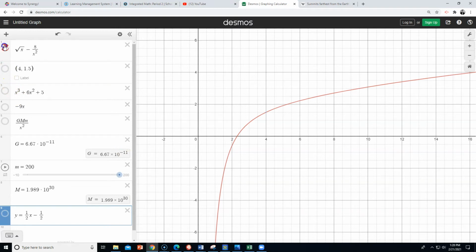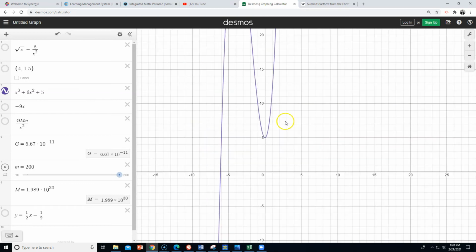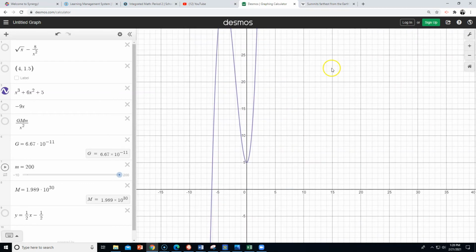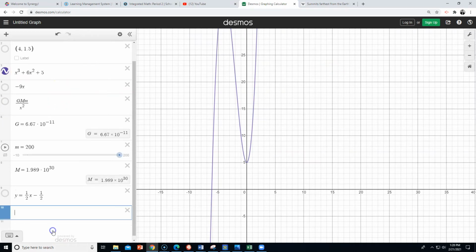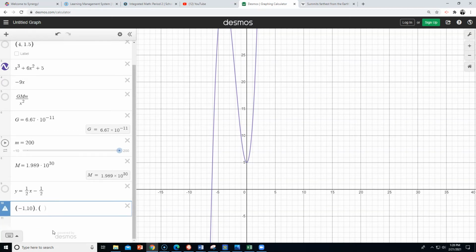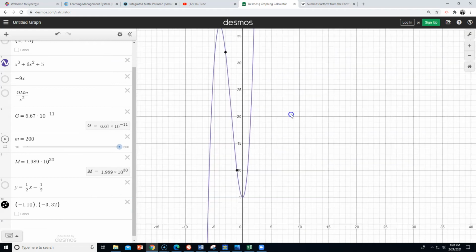So let's hide this guy, and let's show this guy right here, okay? So it's a cubic function, so it looks like this, okay? But apparently at point (-1, 10), I guess I'll do it like this, (-1, 10), and, oops, it's not going to detect it like that. I got a little ambitious right there. (-3, 32). Those are the 2 points that have a slope of -9.